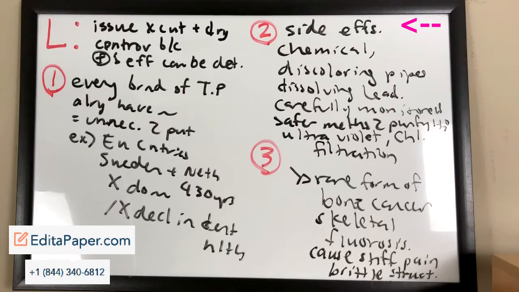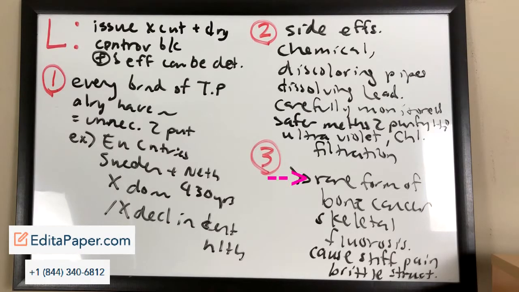Since it's still a chemical, it can lead to discoloring water pipes and even dissolving lead. In other words, the amount of fluoride added to water has to be carefully monitored. However, there are safer methods to purify water, such as using ultraviolet lights, adding chlorine, and even doing some filtration. So those are other safer methods.